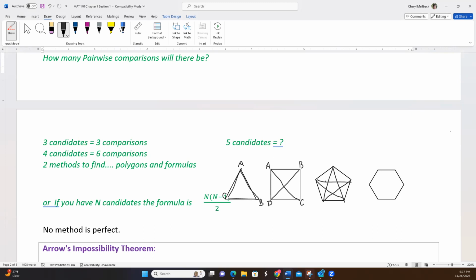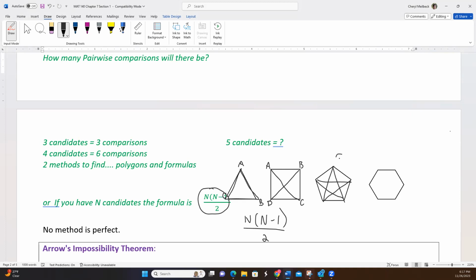So 10 total comparisons. The formula is the same formula that you get when you're trying to determine how many sides and cross segments there are in a polygon. That formula is n times n minus 1, divided by 2.